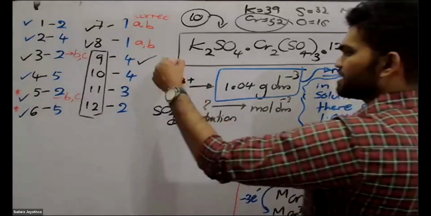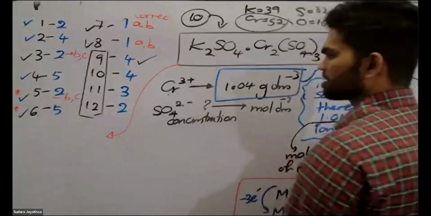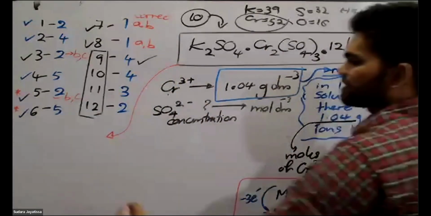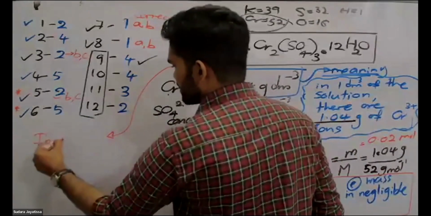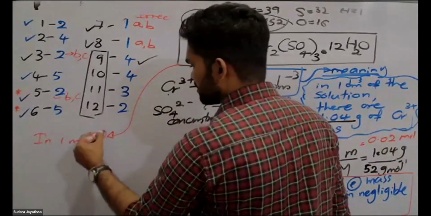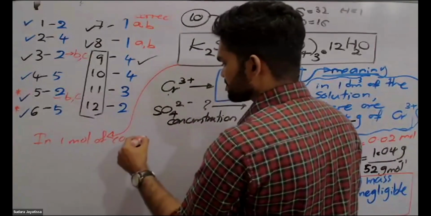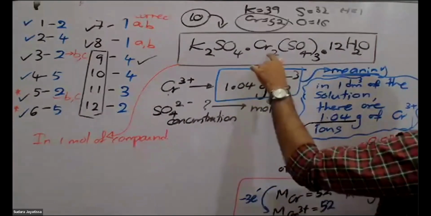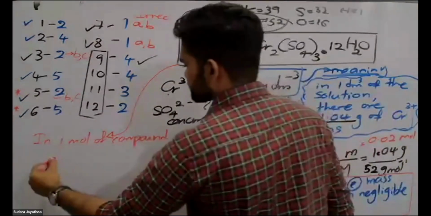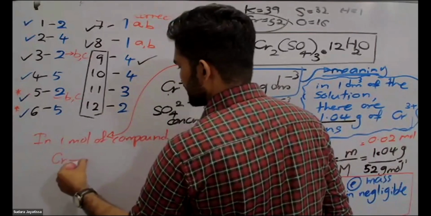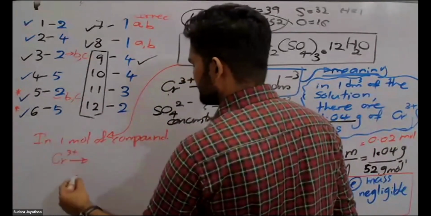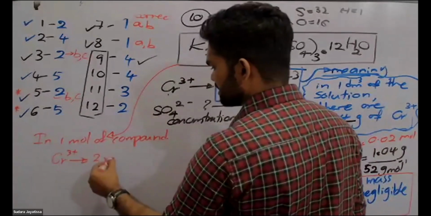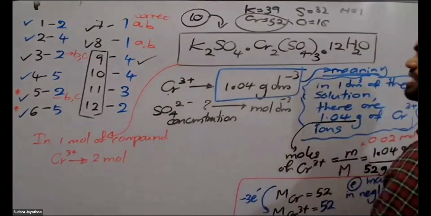Now, if you consider the compound, let's say in 1 mole of compound, how many moles of chromium do you have? You have chromium 3 plus. Chromium, you have 2 moles, isn't it?